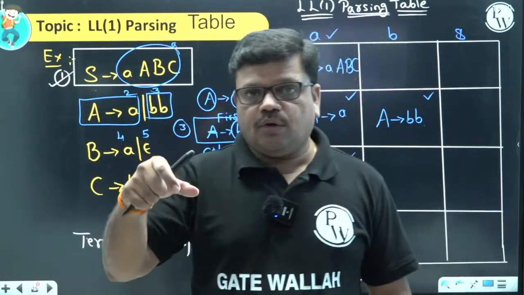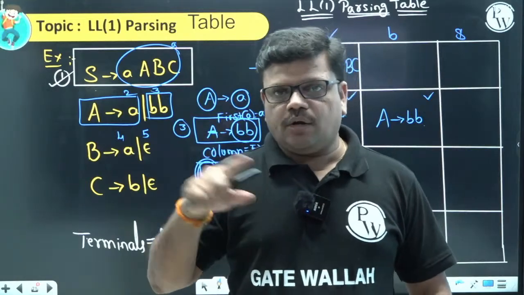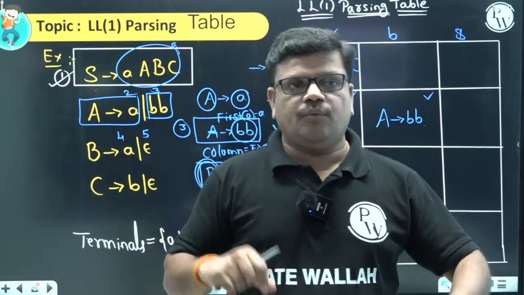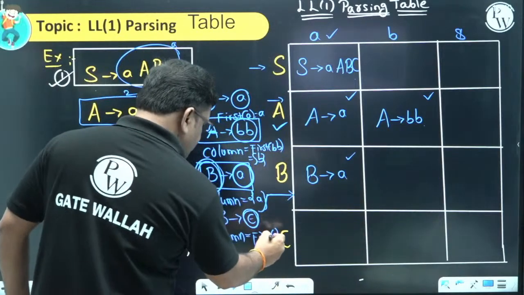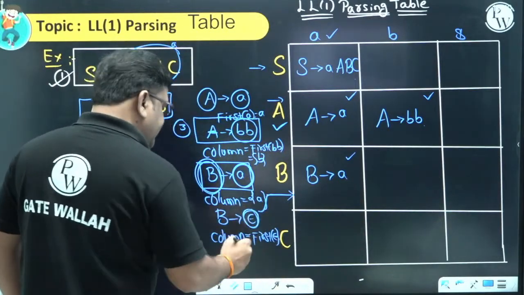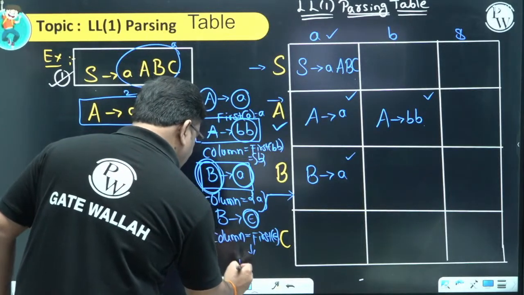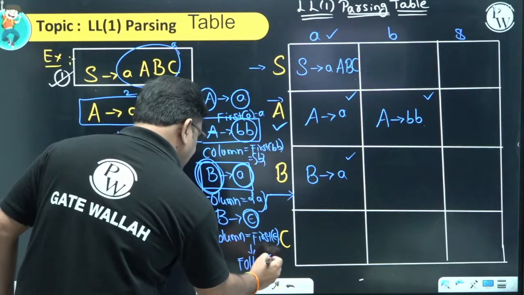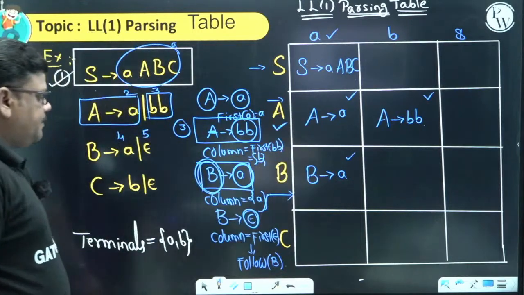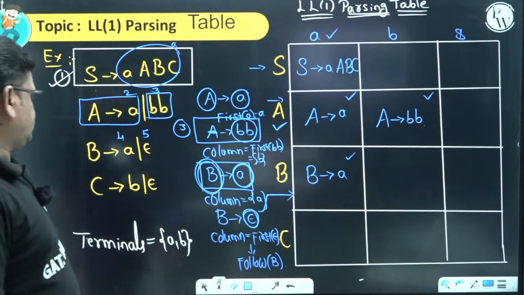Wherever you get epsilon, in order to decide columns, we need the help of follow. Whenever we get epsilon, go for follow of the left hand side non-terminal, follow of capital B, to decide about columns.